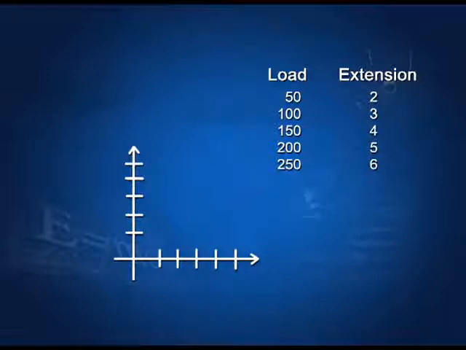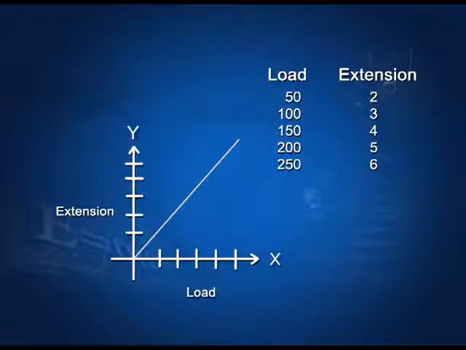If we were to plot a graph of load and extension, what do you think it will look like? Let us put load on the x axis and extension on the y, and if you plot this, say 50, 100, 150, 200, 250 and corresponding extensions of 2, 3, 4, 5, 6, you will get a straight line.